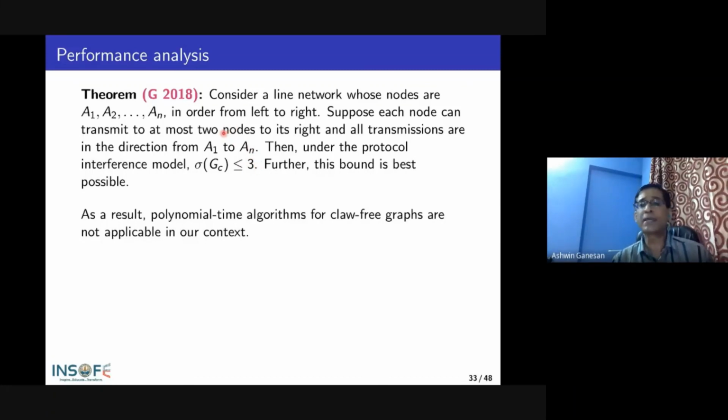What that means is you can never do worse than a factor of 3 in these situations. Okay. In general, this quantity can be arbitrarily large, and so the worst case performance can be arbitrarily far away from optimal. But in many contexts, this worst case performance is bounded from above by a fixed constant, and that's what's proved here.